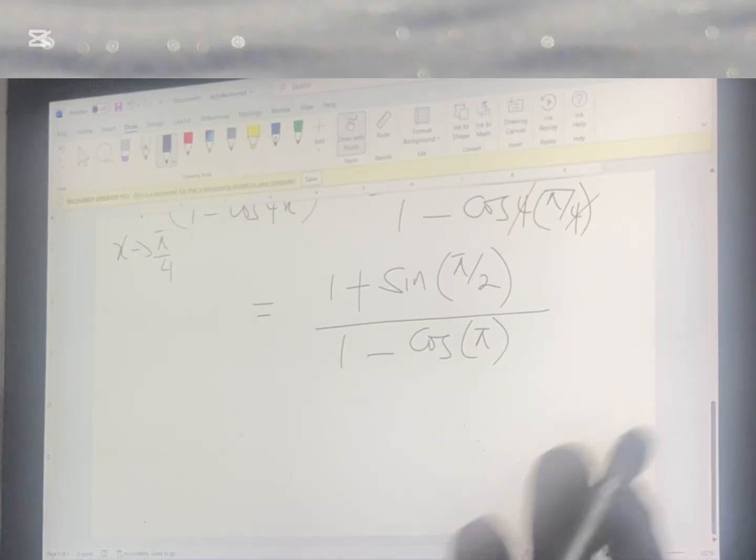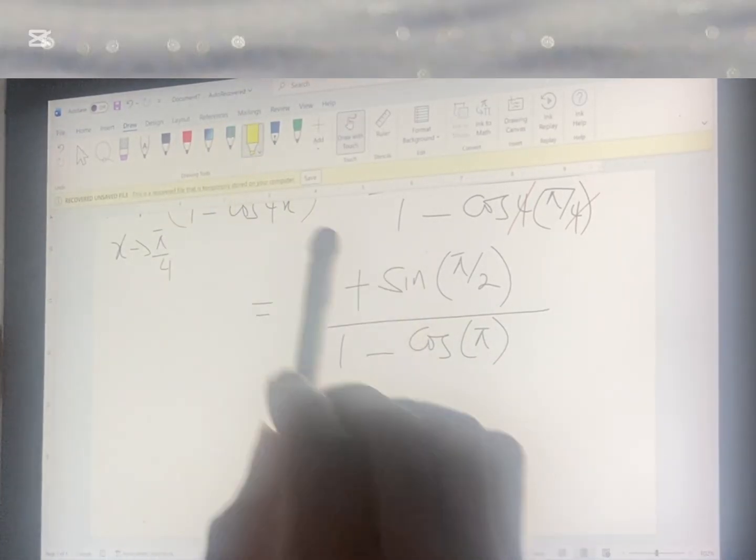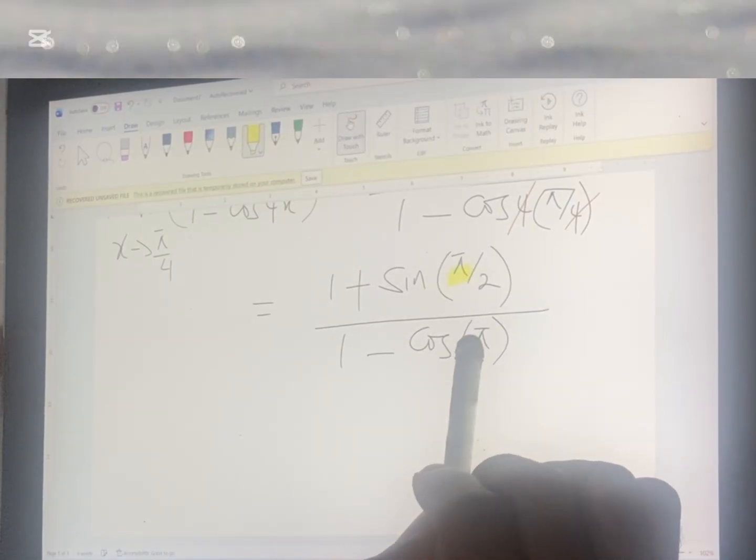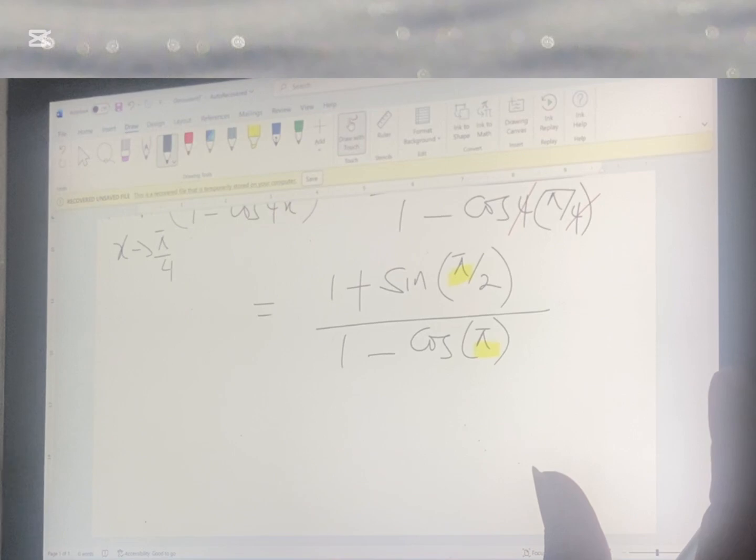Now, there's something you should understand in terms of pi, that is this pi here. Please listen to me carefully. There's something we have to know in terms of pi. When pi is representing a number, the value of pi at that point will be 3.142.